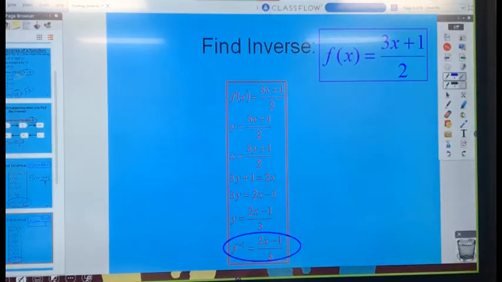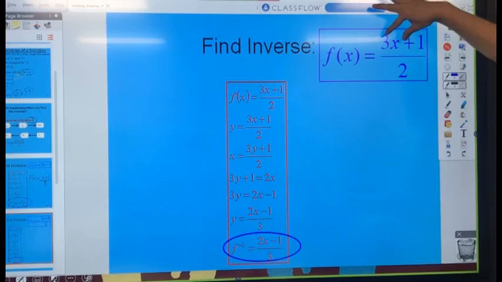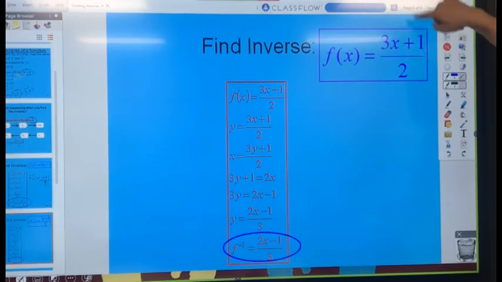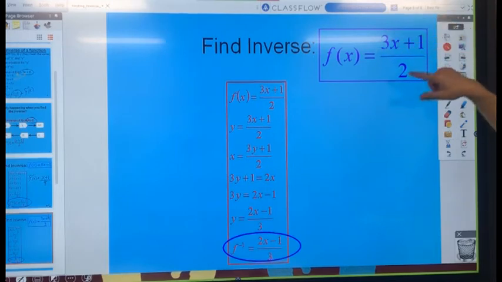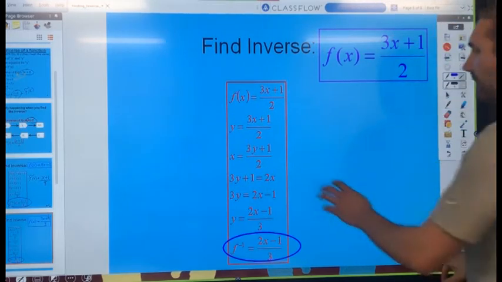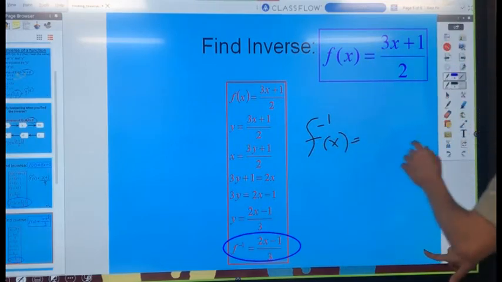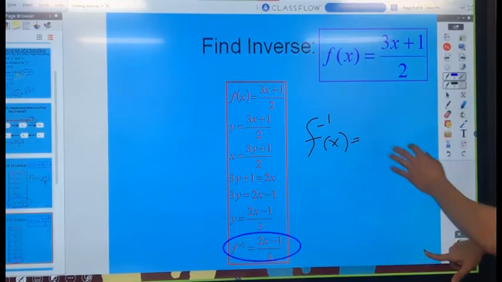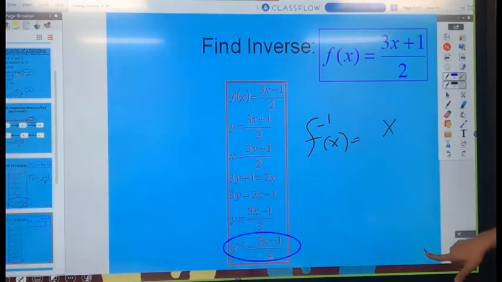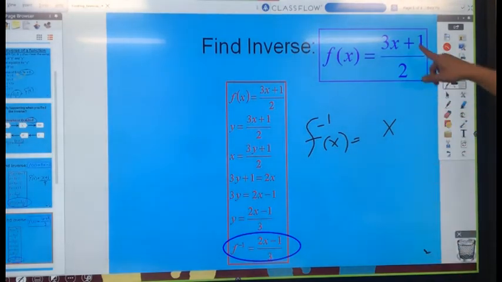Well, let's complicate it a little bit more. So I have this 3 being multiplied to x, and it's adding 1, and I'm dividing 2 by all of it. So take these each one by one and write down the opposite of what you see. So looking at my function, what's the inverse of a linear? Linear. What do you do with that plus 1?